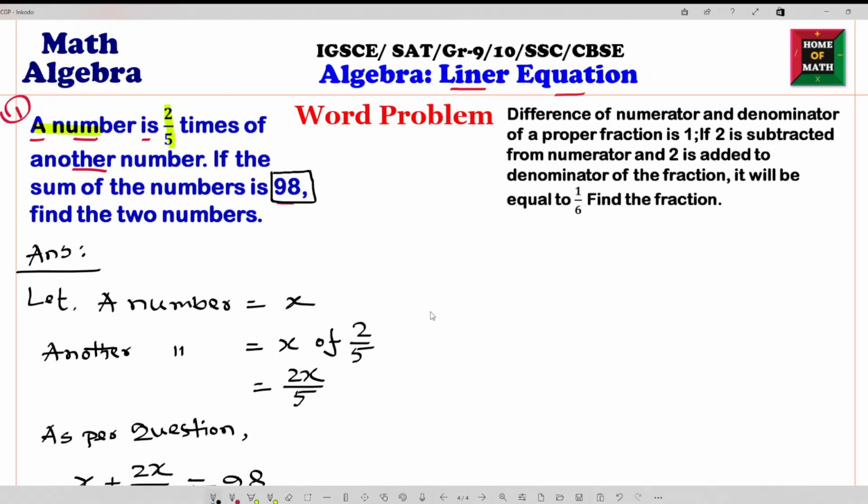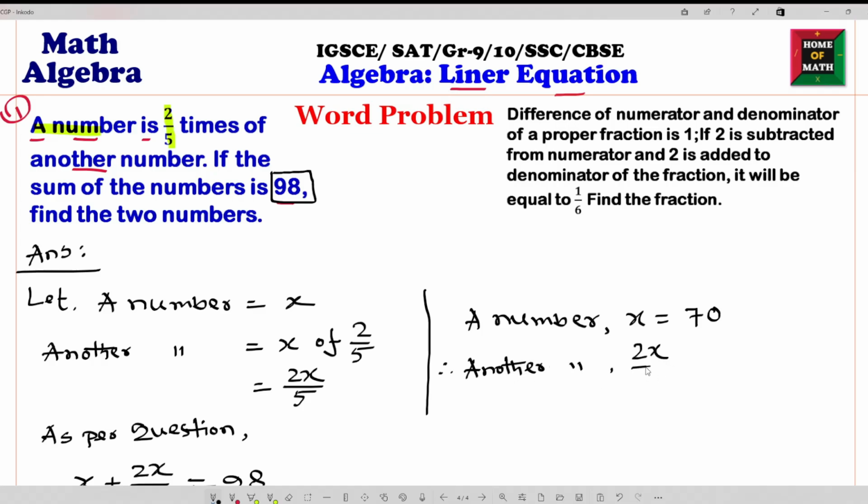Now a number x equals 70. So another number is 2x divided by 5, 2 times 70 divided by 5, so this is 14, 14 times 2, 28.